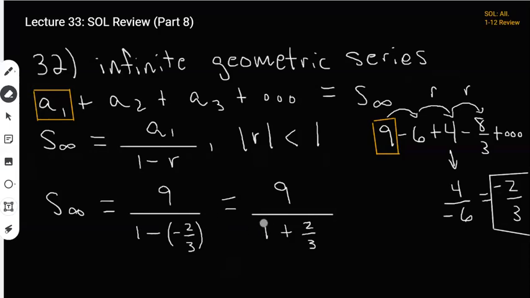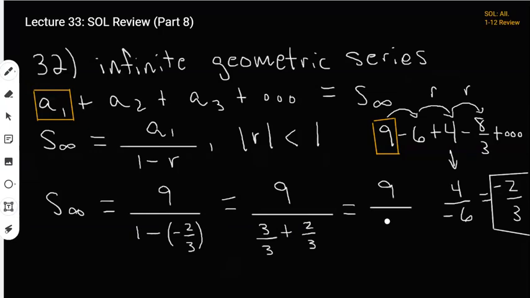So I'm going to erase the 1 and replace it with a 3/3. Okay, so I'm almost there. What's 3 plus 2 at the top? Yeah, that's going to give me 5.